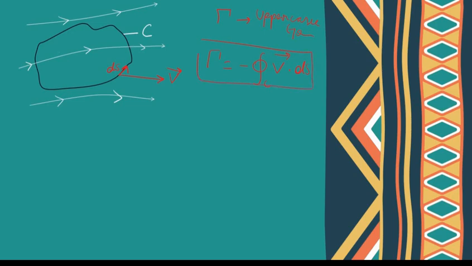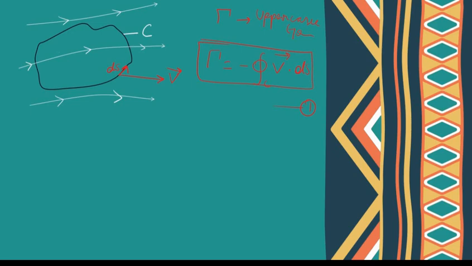Now observe this formula carefully. What is it that comes to your mind? Have we seen this kind of formula somewhere? So in general terms, if I want to define this term circulation, it is nothing but the negative of the line integral of velocity around a closed curve.